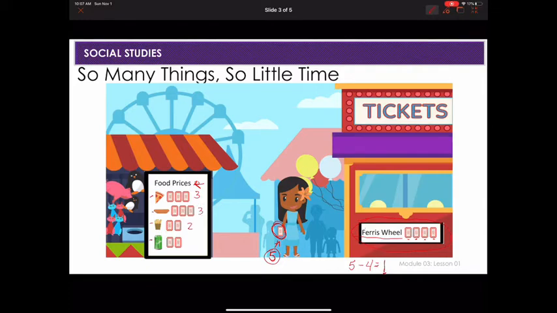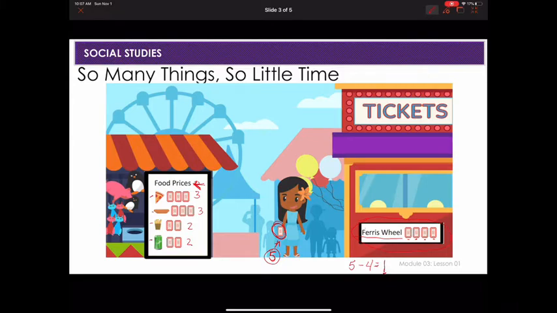The French fries cost 2 tickets. And the soda costs 2 tickets. So if Lily wants to go on the Ferris wheel, can she buy a food item at the food booth? No. So Lily has to make a choice as to which one she wants more. Does she want to buy food more or does she want to go on the Ferris wheel? What would you do?